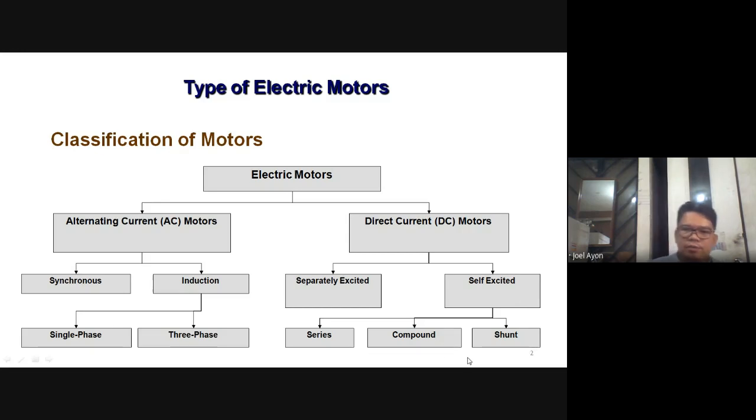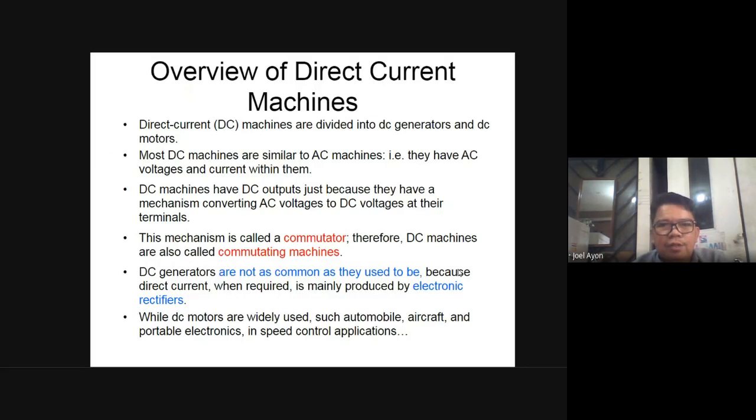Okay, so I know you already have an idea of what a series and shunt motor is, and of course the compound DC motor is a combination of series and shunt field winding, right? So that's the DC motor.